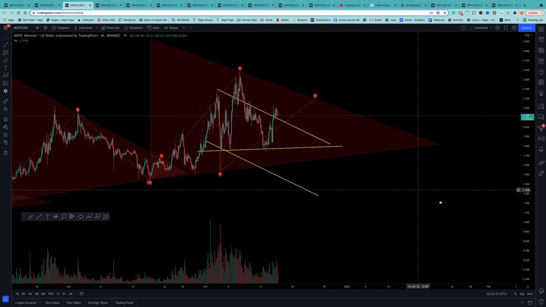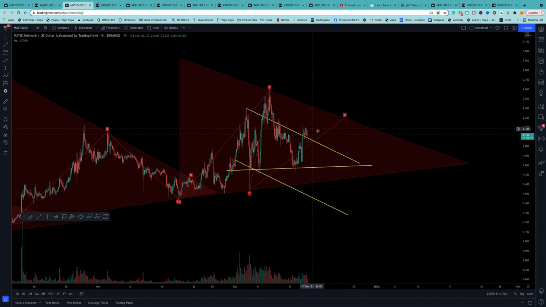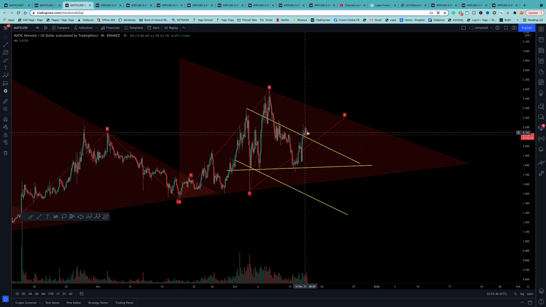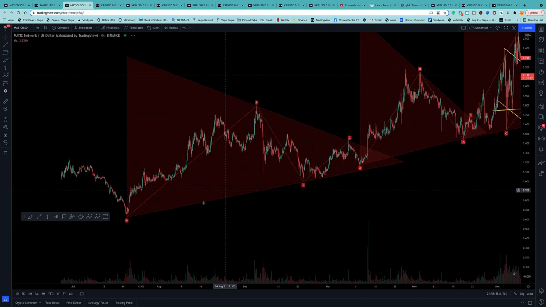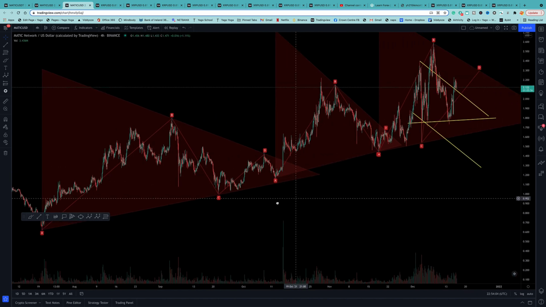So now with this impulse up, it has to have its correction. This correction isn't complete. You're going to have a second wave that comes up and then comes back down to complete it. When you look at the pattern, this wave is sort of gradual. Look at the correction here, it's not so volatile.